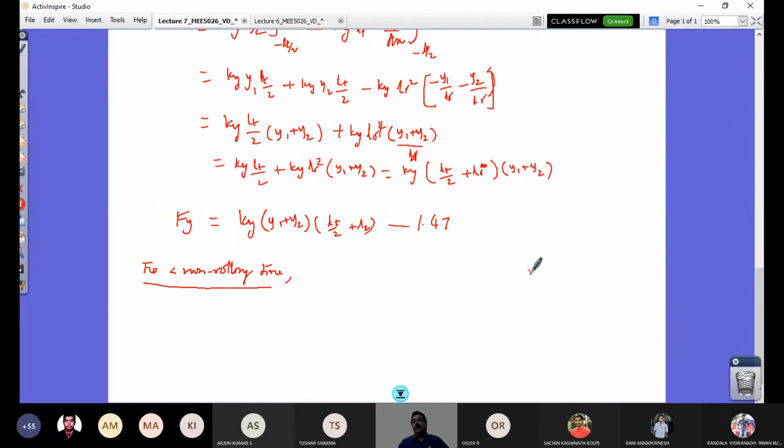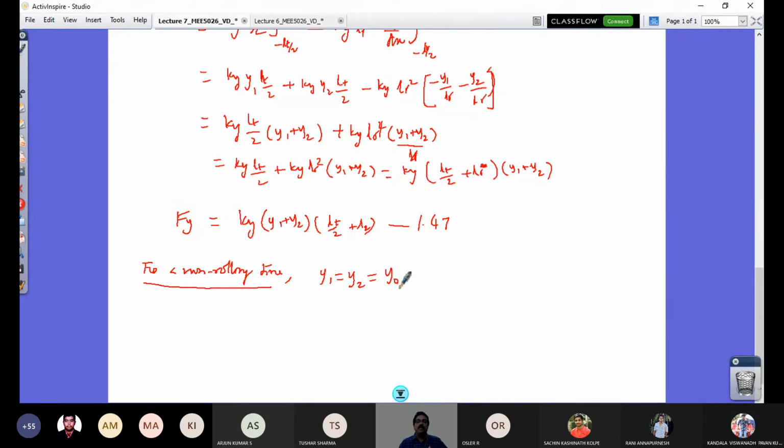In case of a non-rolling tire, if I apply a side force, I pull this tire center in the lateral direction, and the tire adheres to the ground. But the lateral displacement would be equal in the front of the contact as well as in the rear of the contact. So y1 is equal to y2.